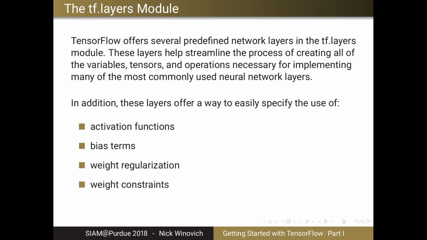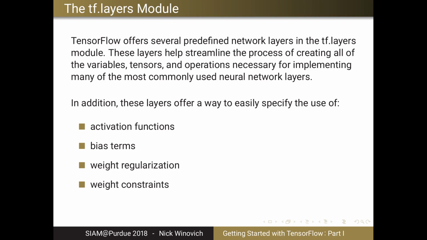Okay, so I want to now go into some of the newer features that make TensorFlow much more usable than it used to be. And one of those is the TensorFlow layers module. This basically automates some of the standard building blocks of deep neural network design.